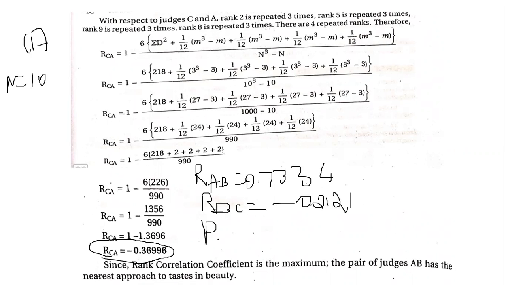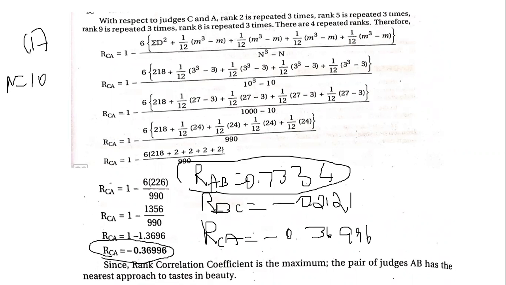Then rank of CA is minus 0.36996. Since A and B is a positive correlation and the highest number out of the 3, the maximum value, the pair of judges A and B has the nearest approach to taste in beauty.